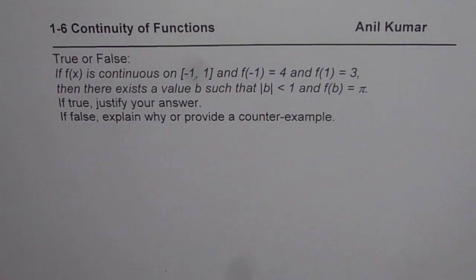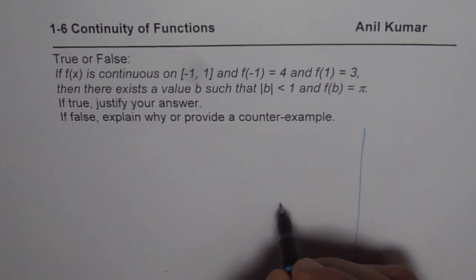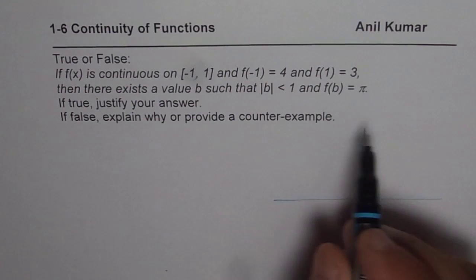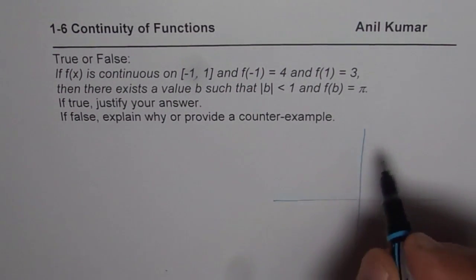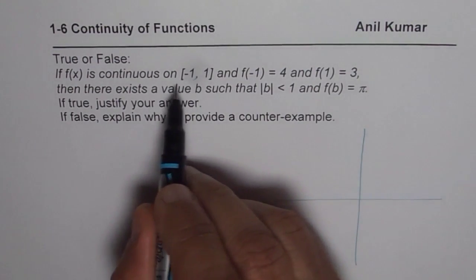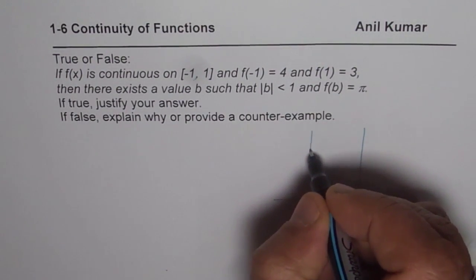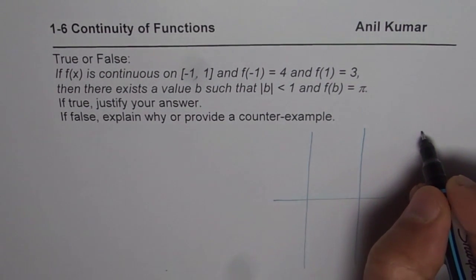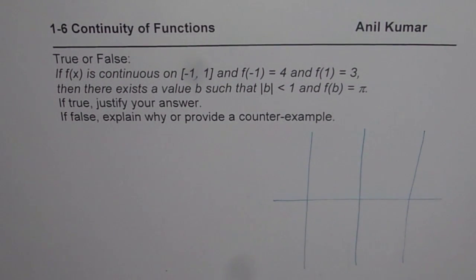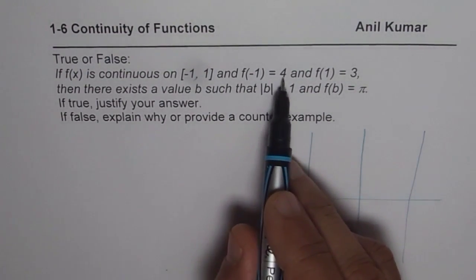Let us first try to understand this question. So let me sketch the coordinate grid and then we'll work on the details. Let us say there is a continuous function from minus 1 to 1. Let us say this value is minus 1, this is plus 1, and at minus 1 the value is 4.